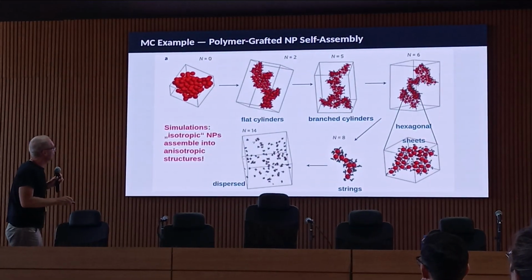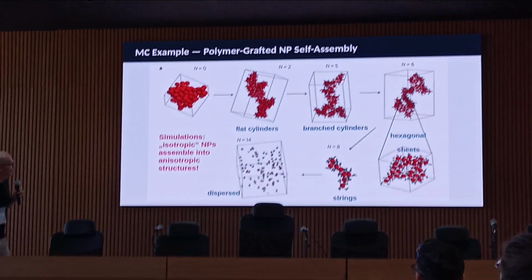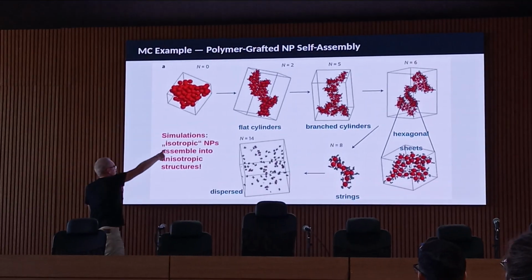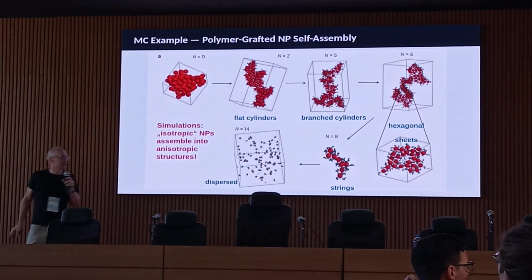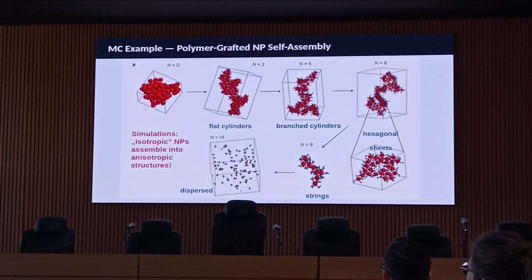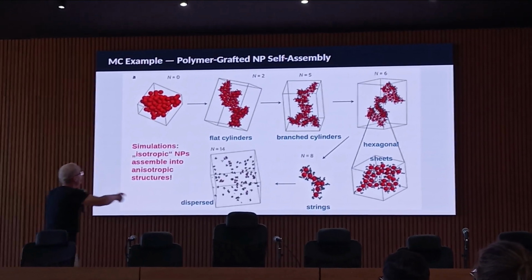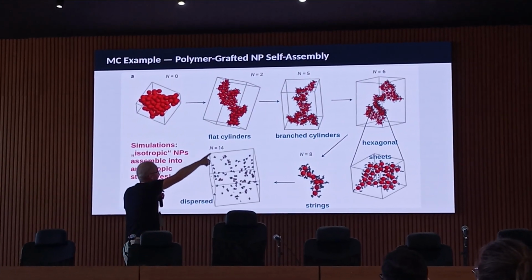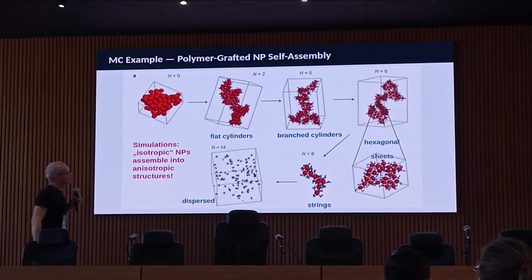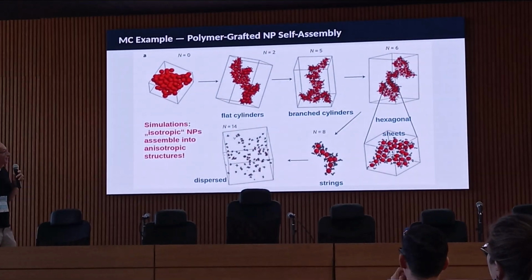And now if you mix those, all of a sudden, these isotropic nanoparticles assemble into anisotropic structures. So this is what you want to get. And this depends critically on the number of hairs that you put onto the nanoparticle surfaces.